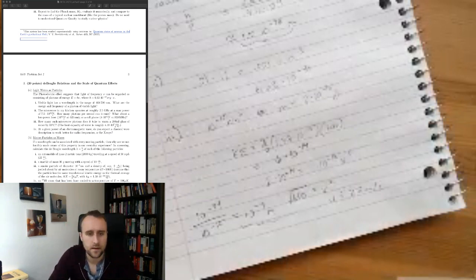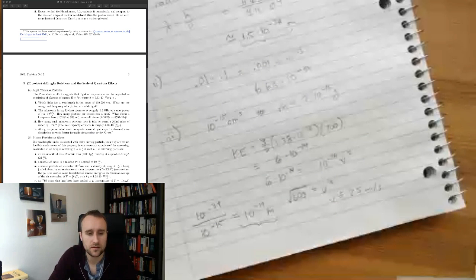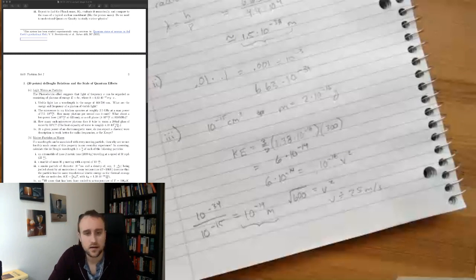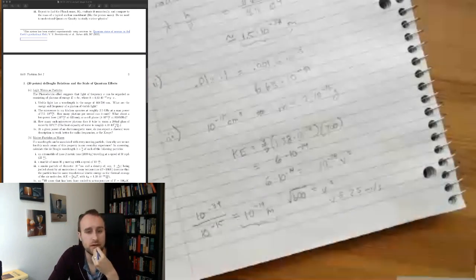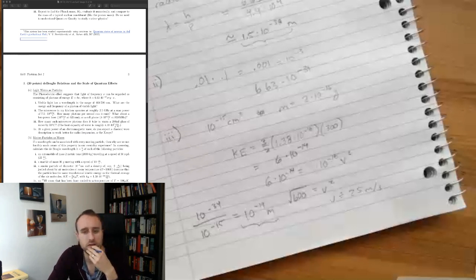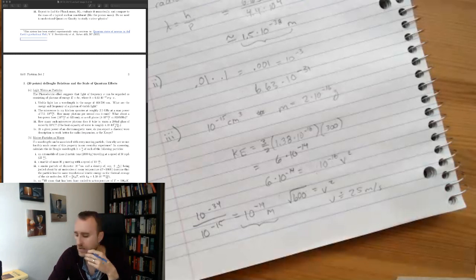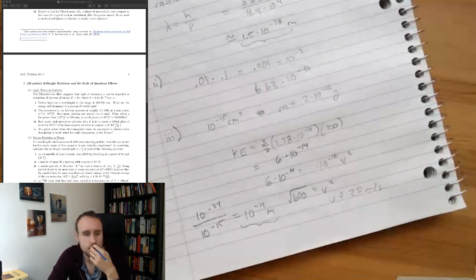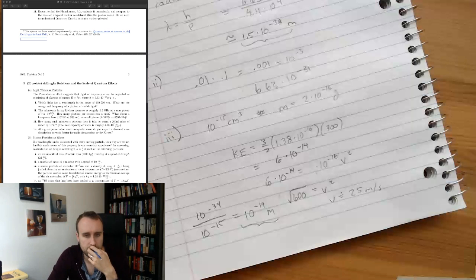Let's see if that's right. As a sphere. Oh, okay. So I'm off by 5 orders of magnitude, so that's not close enough. Oh, because I have 25 meters a second. This is 0.34 meters per second. So what am I doing here? 2 times 10 to the negative 16 grams. 1/2 mv squared equals 3/2 kBT.